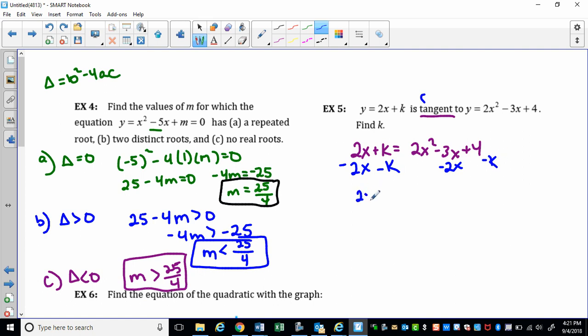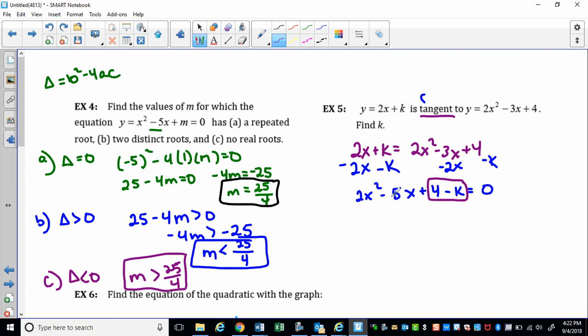So I'm going to be left with 2x squared minus 5x plus 4 minus k whenever this is equal to 0. And this is actually going to be my C term. Okay, this right here is going to be C.